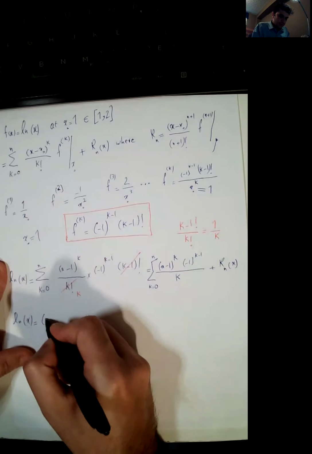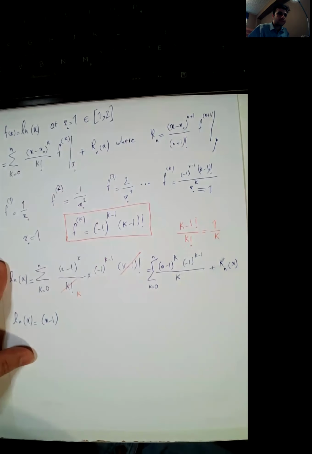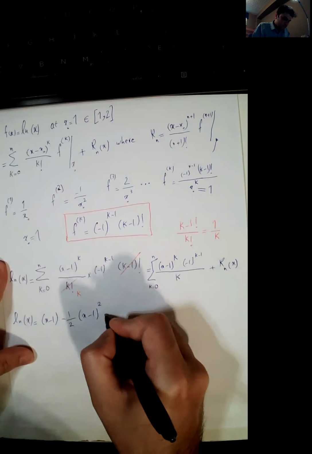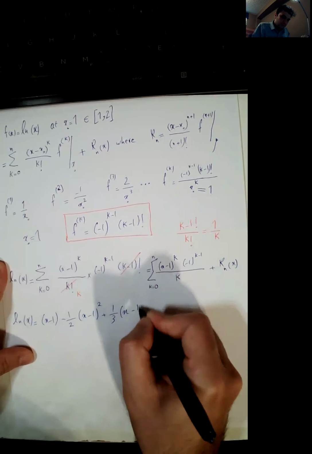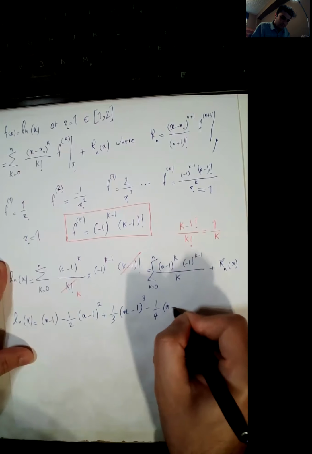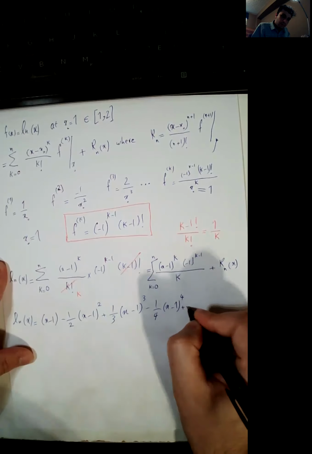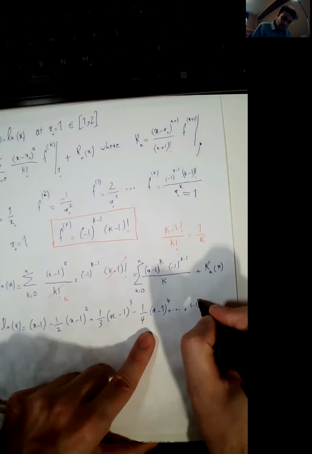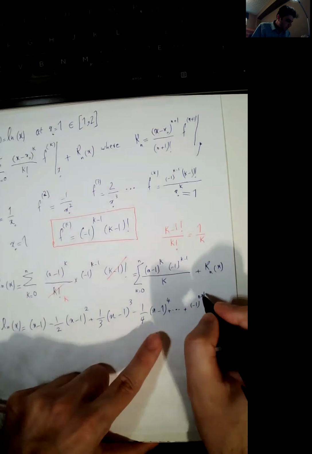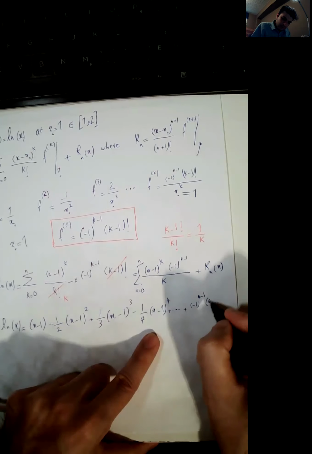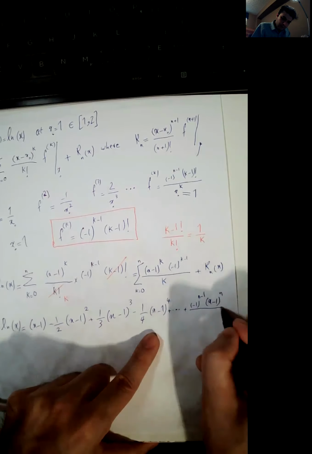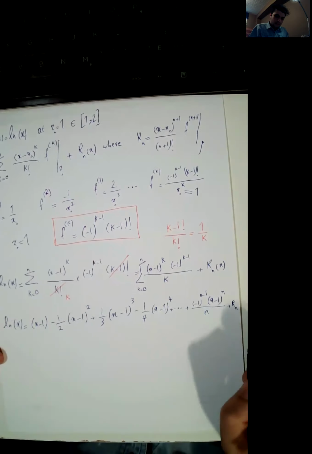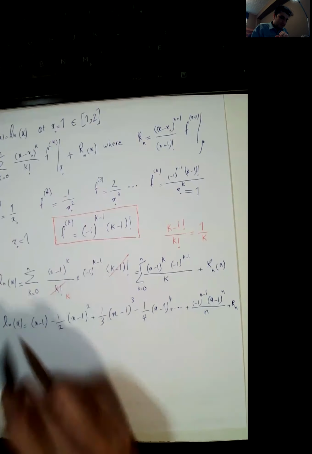Okay, that will be (x minus 1), minus 1 over 2 times (x minus 1) squared, plus 1 over 3 times (x minus 1) cubed, minus 1 over 4 times (x minus 1) to the power of 4, plus, what is the last term? (minus 1)^(n minus 1) times (x minus 1)^n over n, plus Rn. Okay, so this is the Taylor series expansion of ln x.